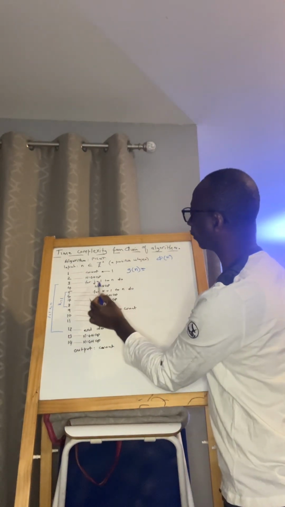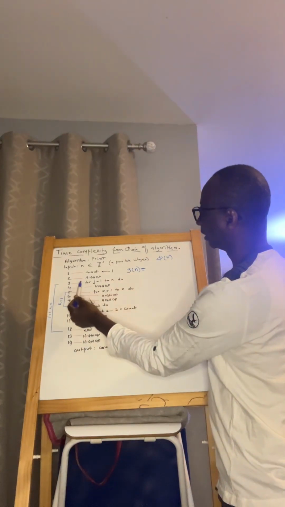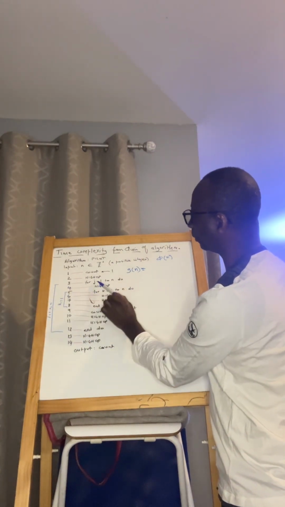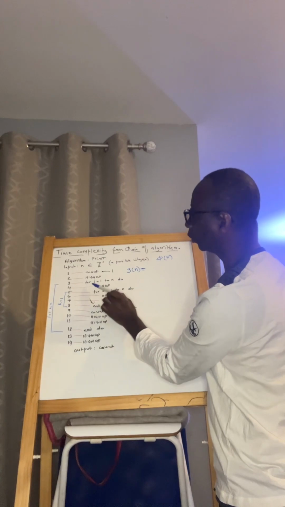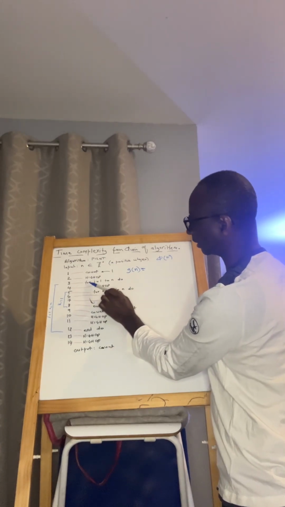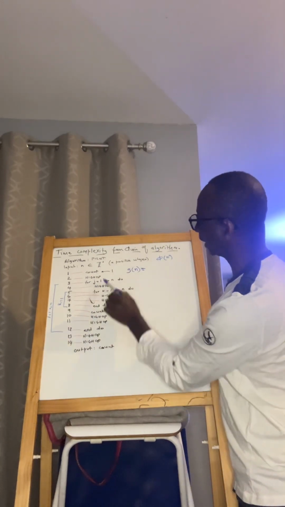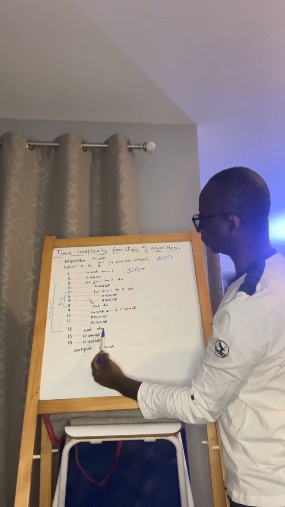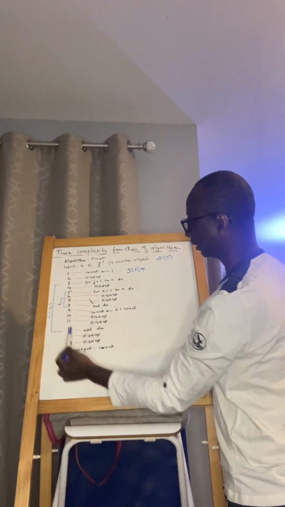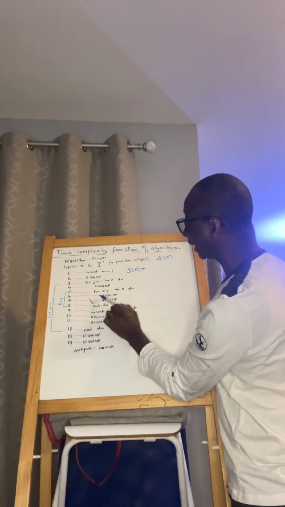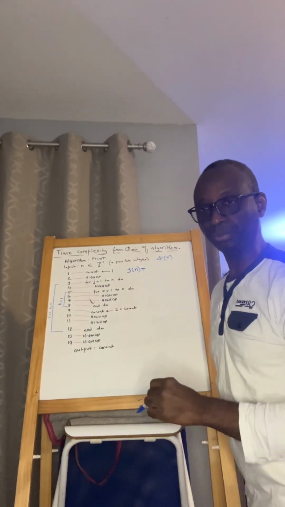So now, where does it end? Because there is a for loop here, this is the first loop we encountered. So again, look for the last end do. Where is the last end do? This is the last end do. So the for loop starts from here to here. Because there is another inner loop here, this is a nested loop.